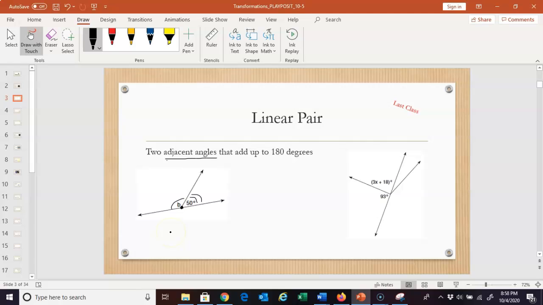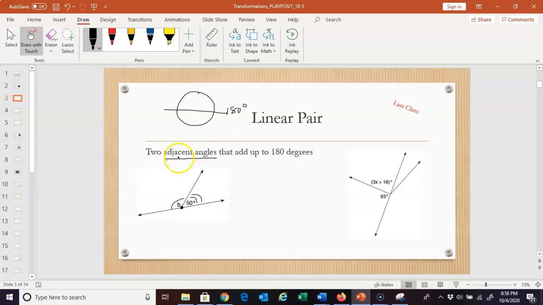But do you guys remember, what do angles on a straight line add up to? A straight line. They are supplementary. They add up to 180 degrees, always. If you see a straight line, remember that the way I explained it was half of a circle. We know half of a circle is 180 degrees.